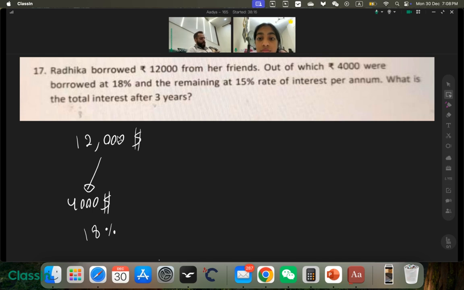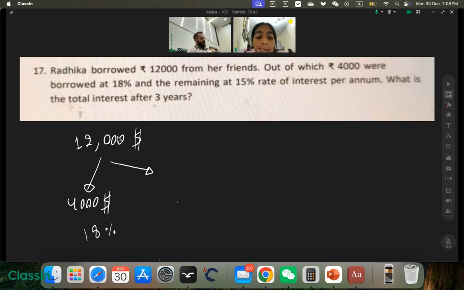And the remaining, how much is the remaining? No, the remaining amount. She took $12,000 as a loan. $4,000 of this loan was taken at 18%. So she took a credit card, maybe.